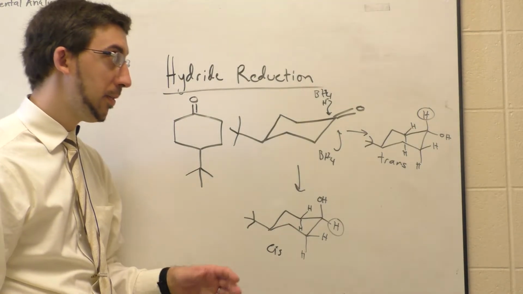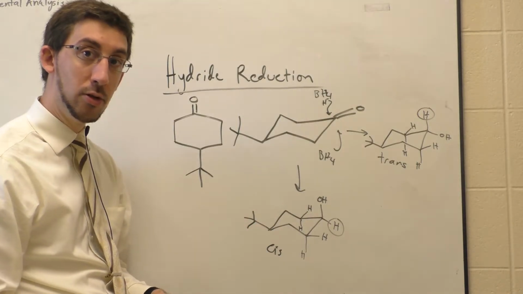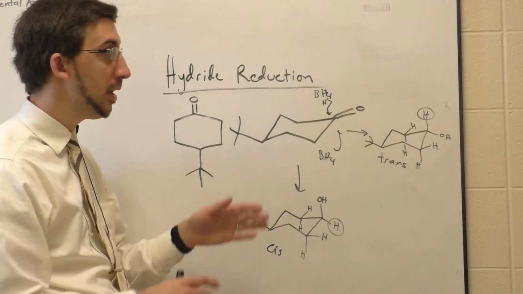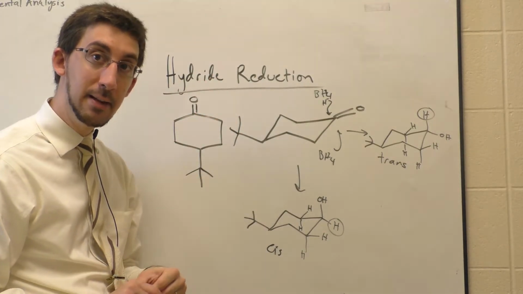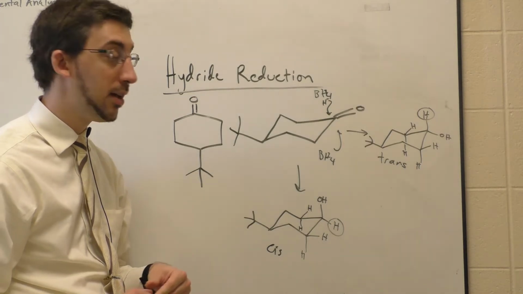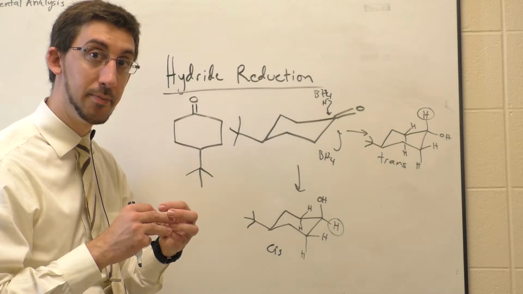Well, it turns out that in ring systems, the dihedral angle between hydrogens on adjacent carbons has a significant impact on their coupling constant, how strongly those nuclei affect each other.